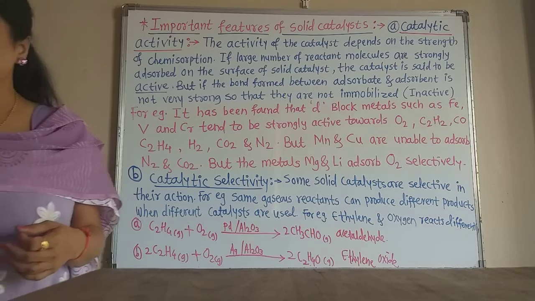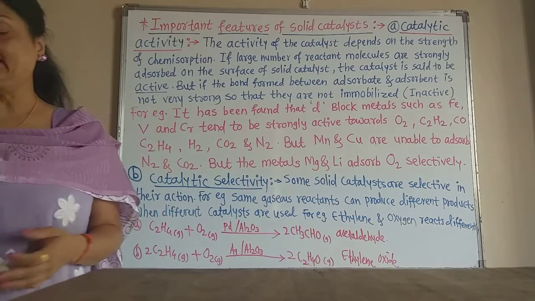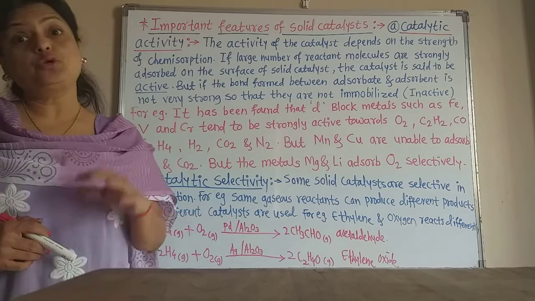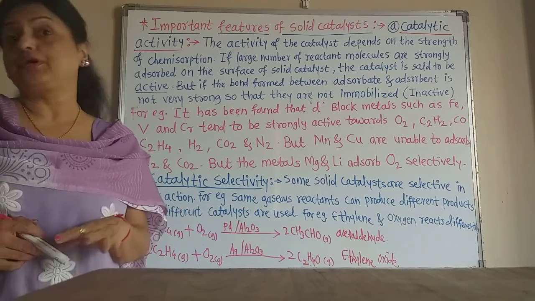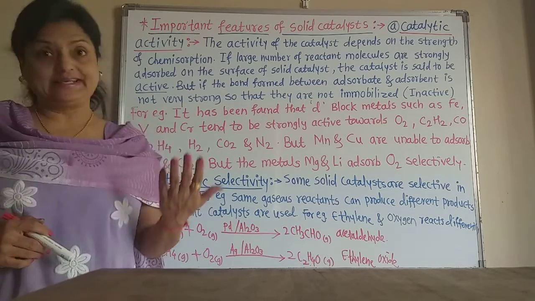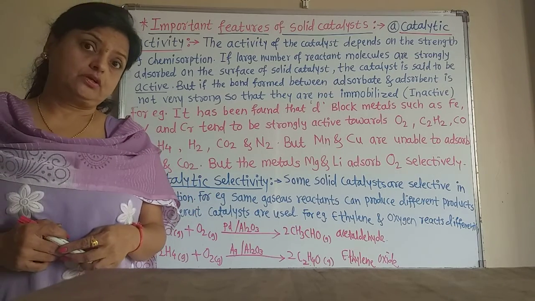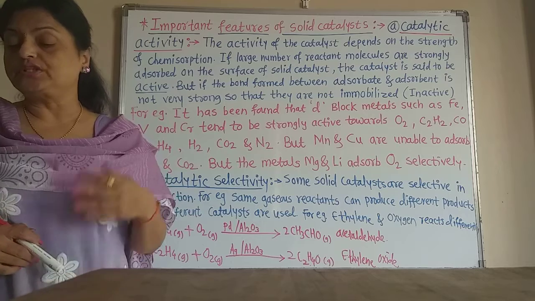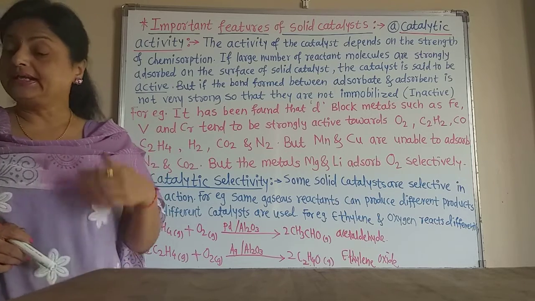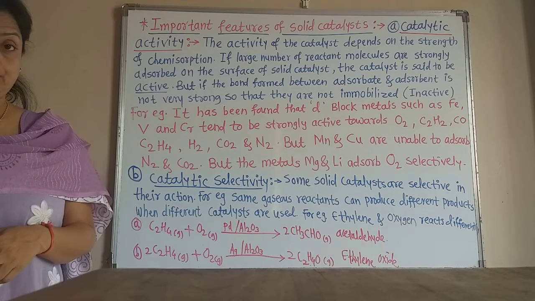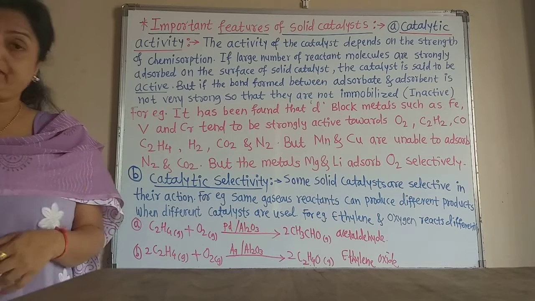Another example of catalytic selectivity is that carbon monoxide and hydrogen gas also form different products if different catalysts are used. When nickel is used for the adsorption of carbon monoxide and hydrogen, methane and water vapor are formed.